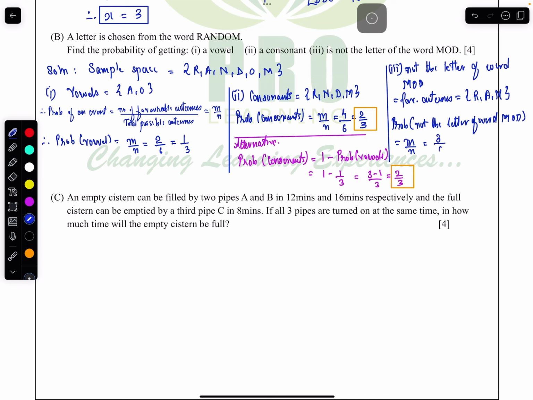We have got 3 over 6, which is 1 over 2, the final answer here.